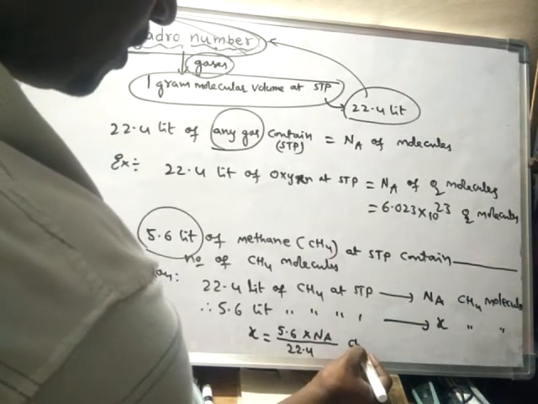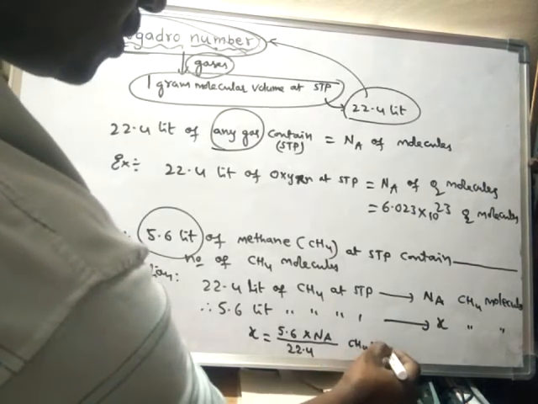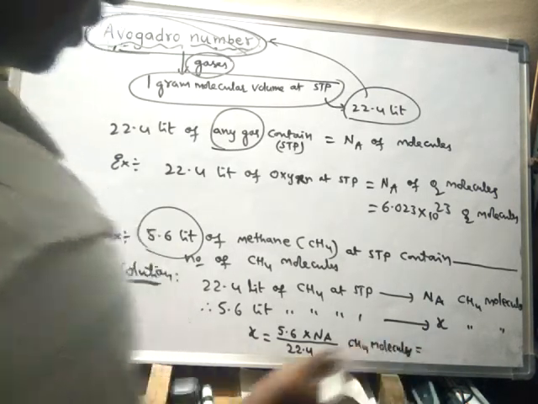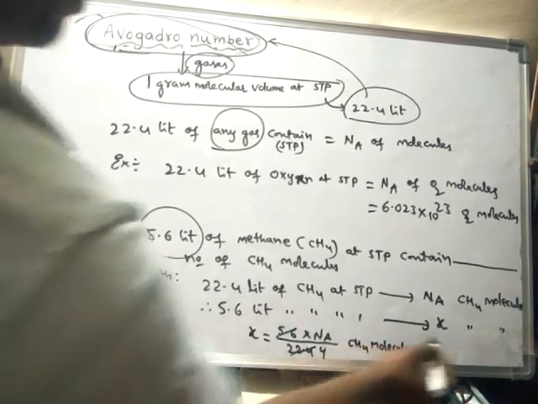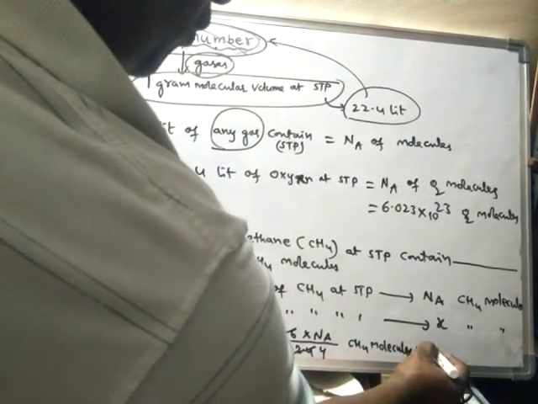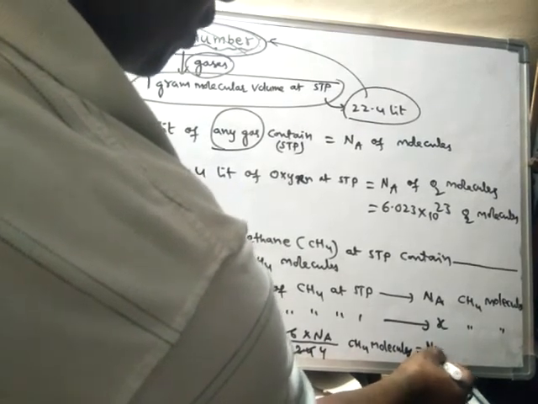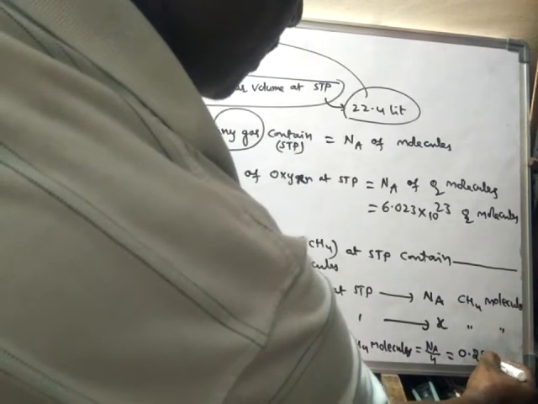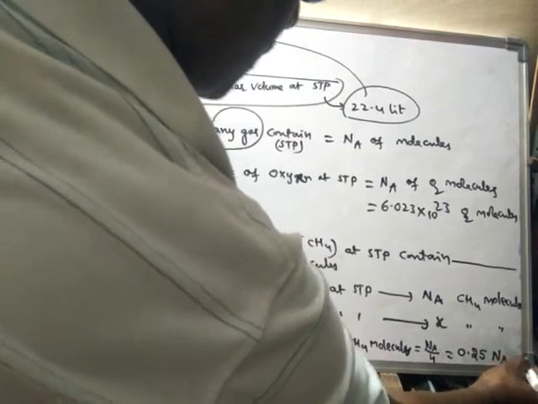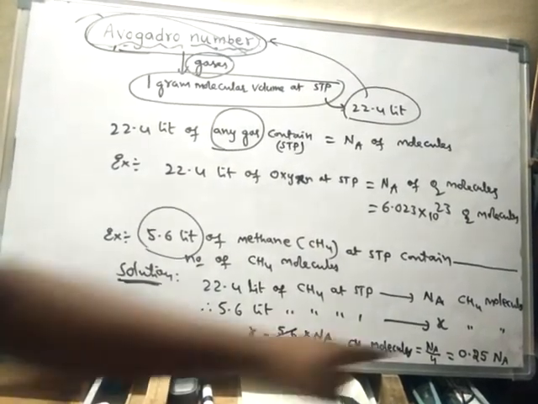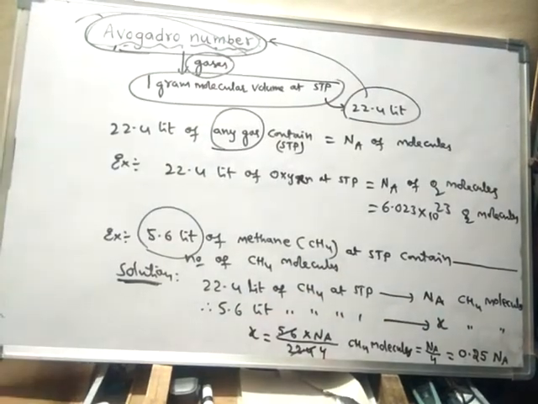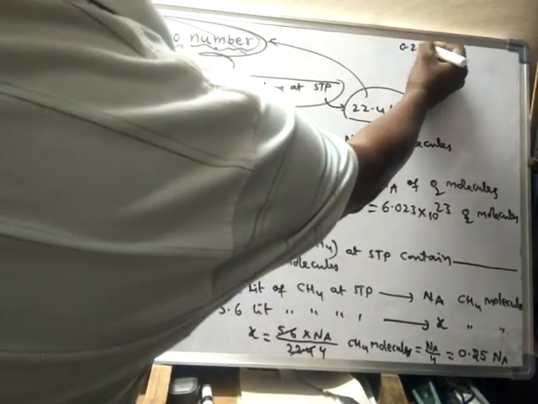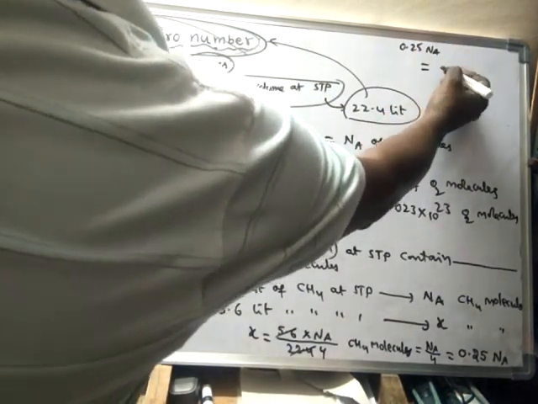So these many methane molecules, equal to Na by 4, or else 0.25 Na. That means 0.25 into Avogadro number of methane molecules. What is the value of 0.25 Na?